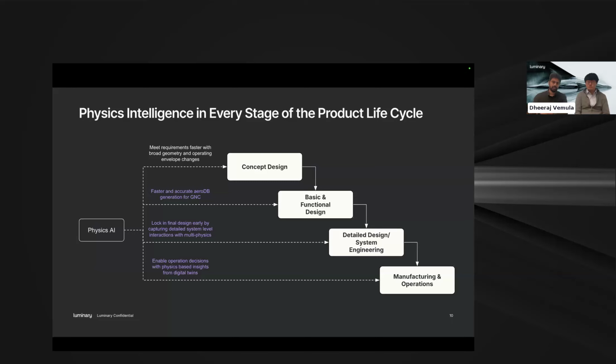Then when we move to basic and functional design, now we have multiple systems talking together, and this physics intuition moves beyond designers. A controls engineer needs to know how the physics changes throughout their operating envelope.